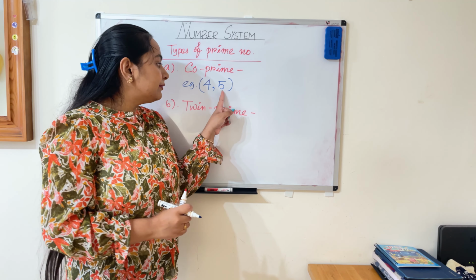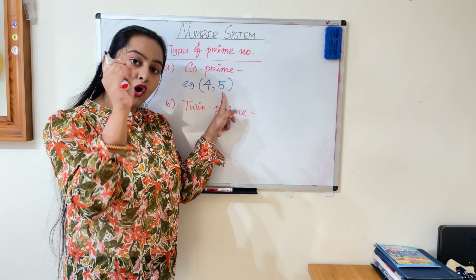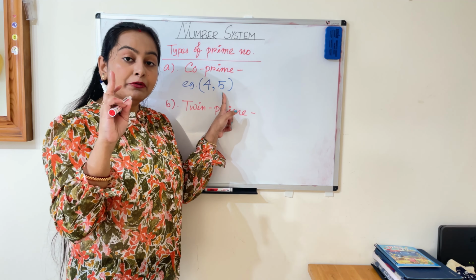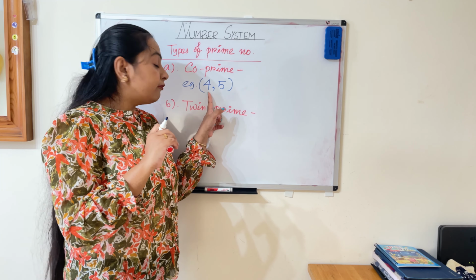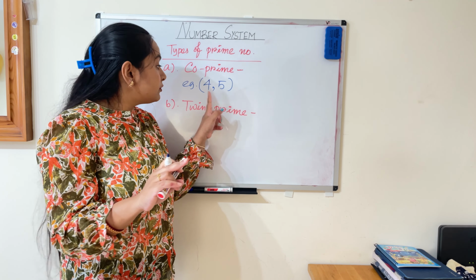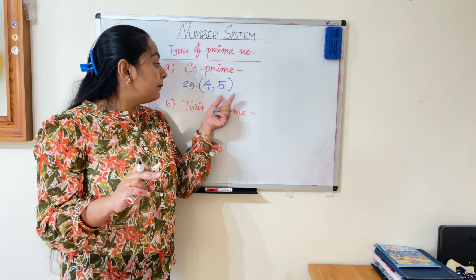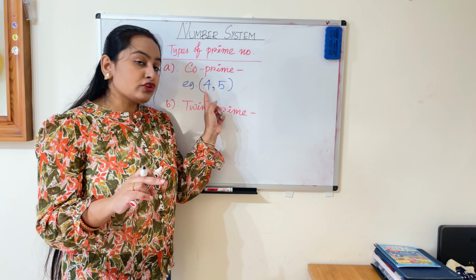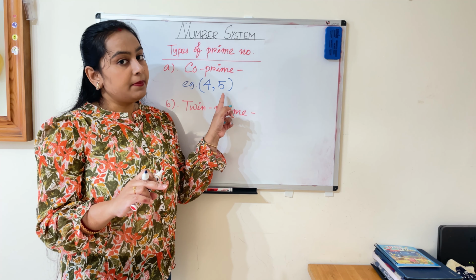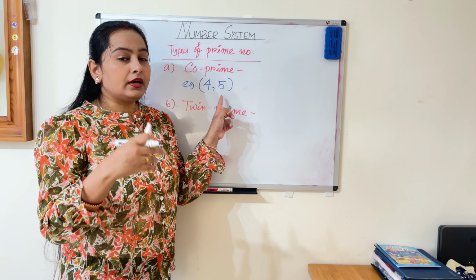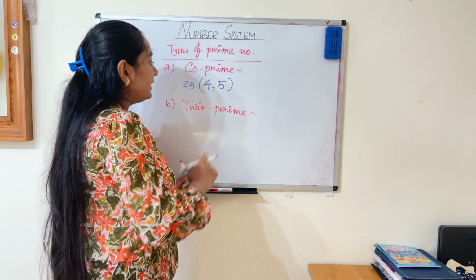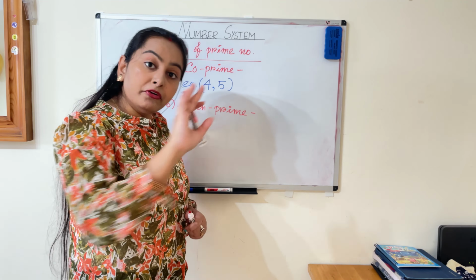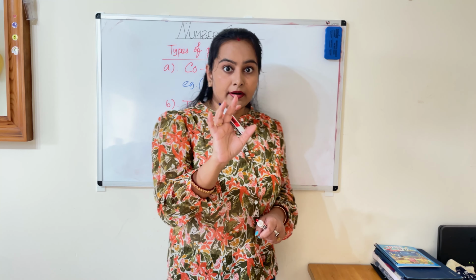Because 5 is an odd number, at the same time 5 is a prime number, right? But 4 is a composite number. So we have taken the combination of it. Means one is a composite number, another is a prime number, or we can say an even number and odd number pair, right? But they have no common factors except 1.